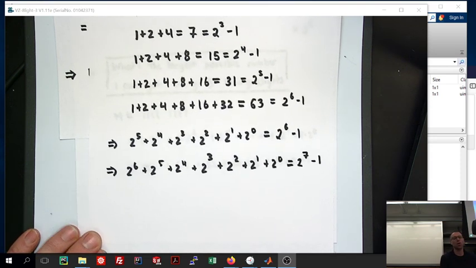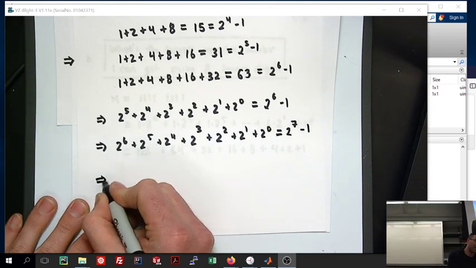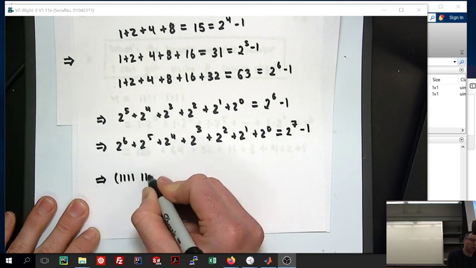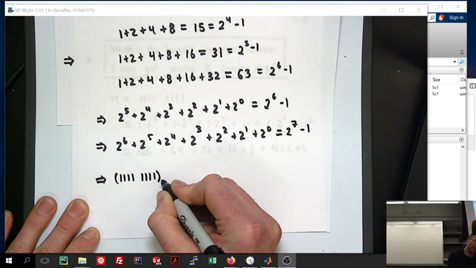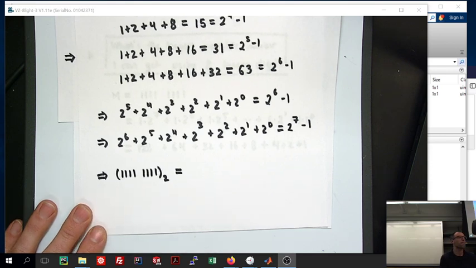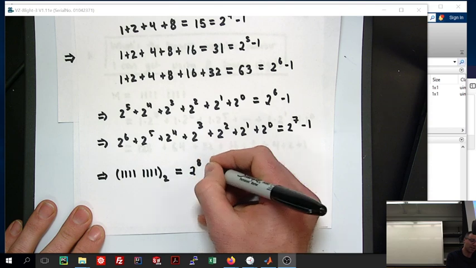Well, all computer scientists are mathematicians. Not all mathematicians are computer scientists. What does that immediately mean about the number 1111111 base 2? Try again. This must be 2 to the 8th minus 1.